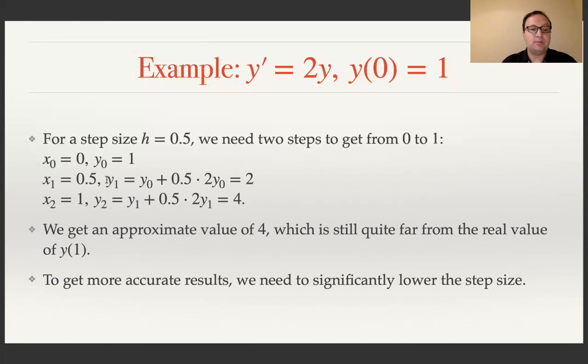And at the previous step, we computed y1 to be 2. So now we have 2 plus 0.5 times 2 times 2. So this is 4. Okay, so now 4 is the approximate value of the solution that we computed by using Euler's method with 2 steps on the interval 0, 1. And so y2 is the approximate value of y of 1 that we computed by this method.